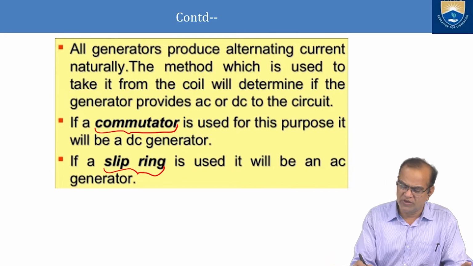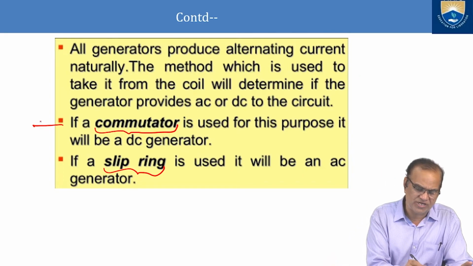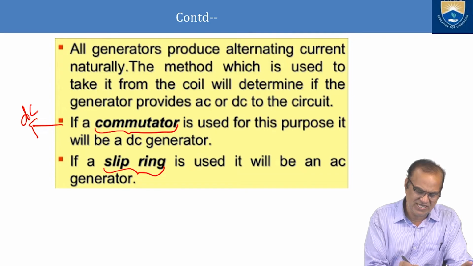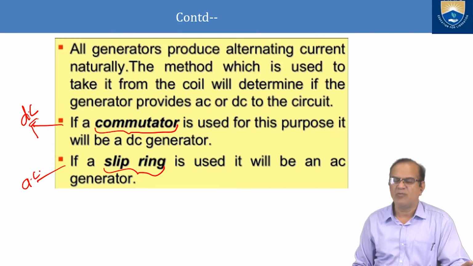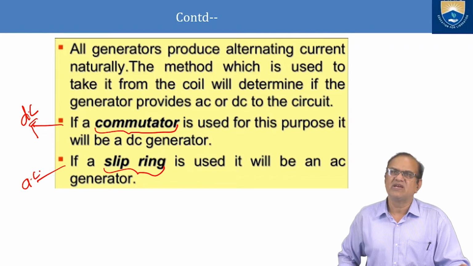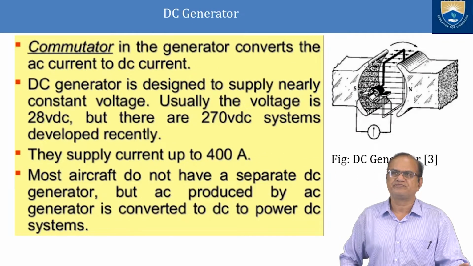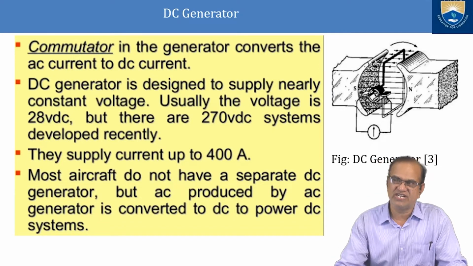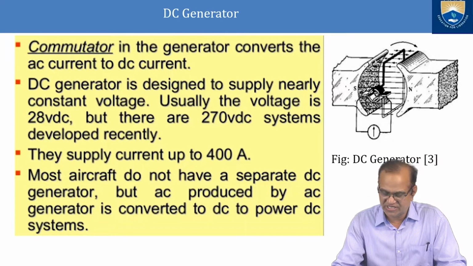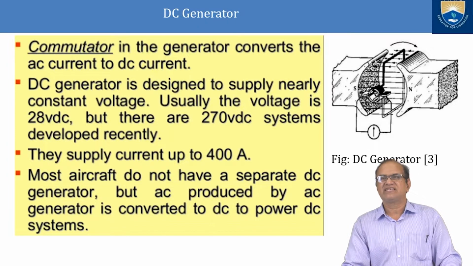If we use the commutator, it will generate DC, and if we use slip rings, it will generate AC. So only this component makes the basic difference between these two. Now I will discuss direct current generators and how they work. This I am going to discuss in this slide.